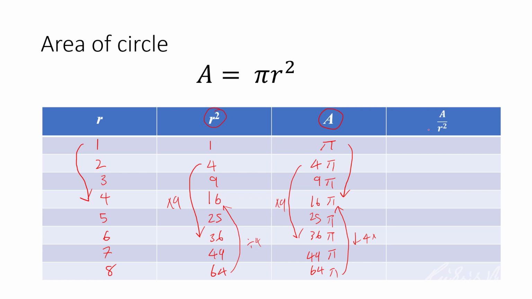And we can confirm this by taking the area divided by r squared. This will give me pi, this will also give me pi.